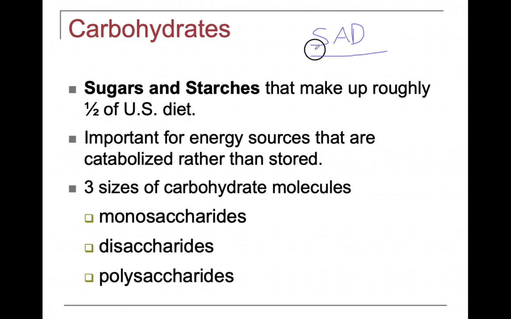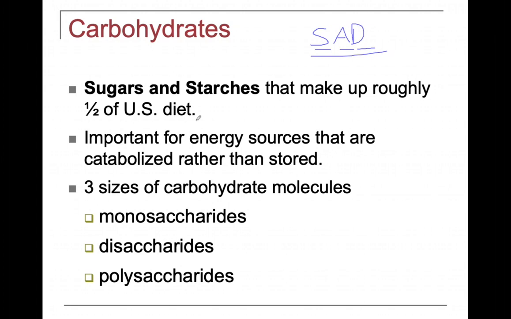It really stands for the Standard American Diet. So the SAD diet, and for most people it is pretty sad, but the carbohydrates make up half of the U.S. diet, and not the good carbohydrates. I think many people are eating improperly. They're consuming the wrong types of carbohydrates, bad carbohydrates that are pretty toxic to the body, and not enough of the good carbohydrates.